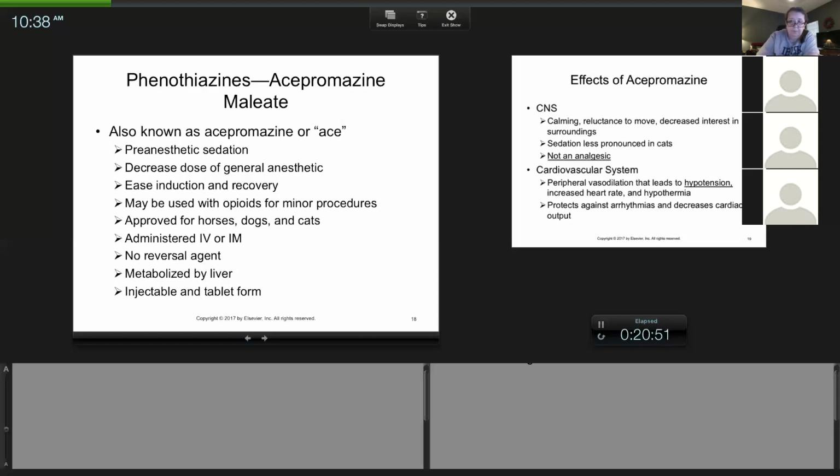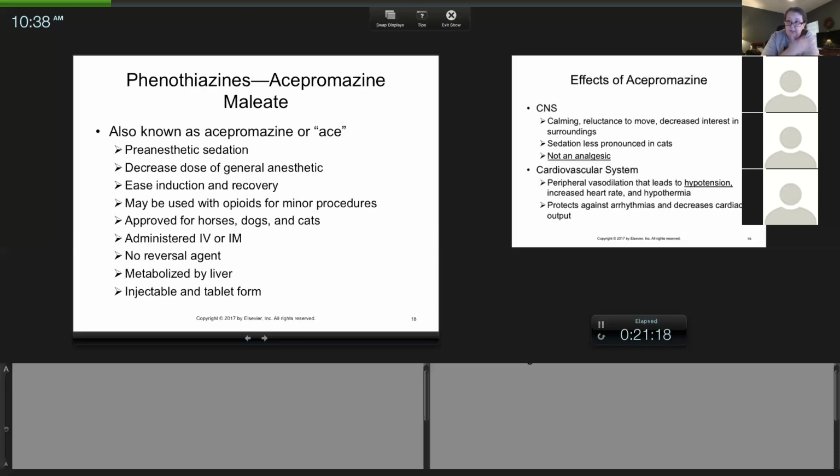Now, most people will sell clients the tablet form. It's really good for storm anxiety, fireworks. I used to joke at my first practice, around the 4th of July, I said, can I just put the acepromazine in a little gumball dispenser so clients can just put in a quarter and get a handful?